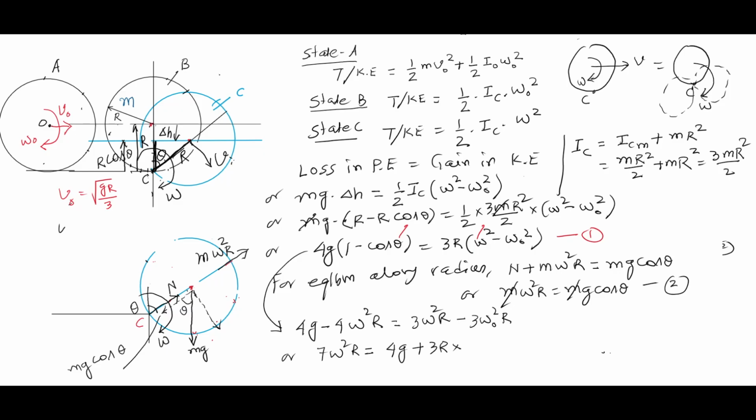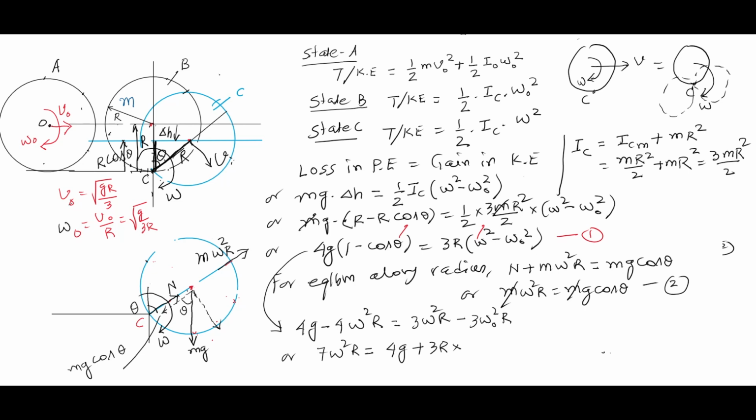V naught is given. From V naught we will find omega naught. Omega naught equals V naught by R, which equals root over g by 3R.